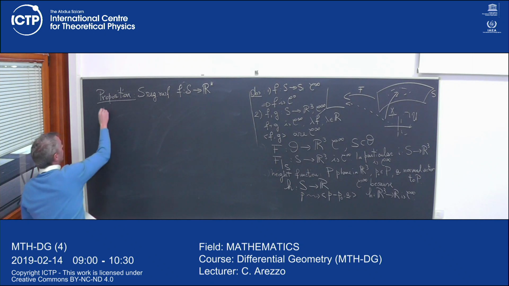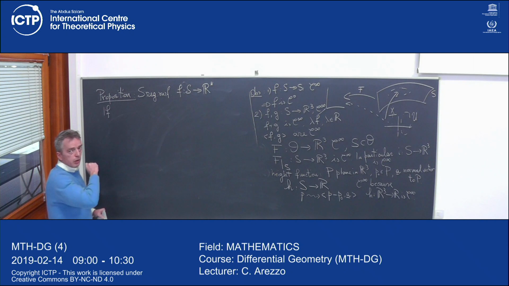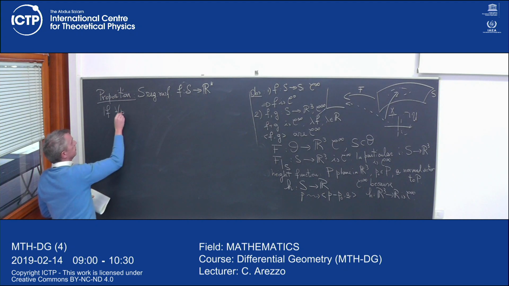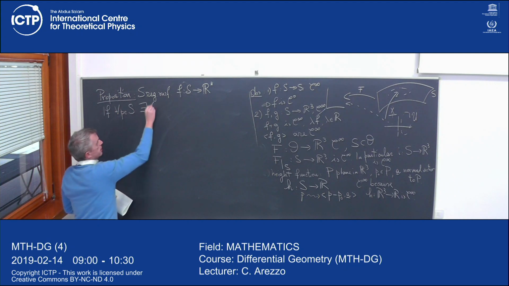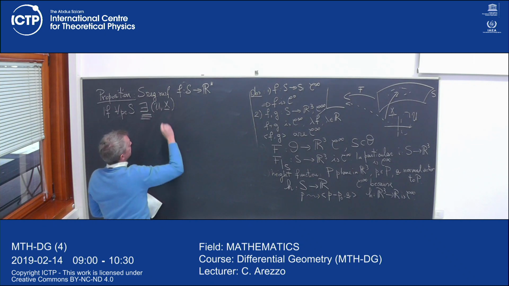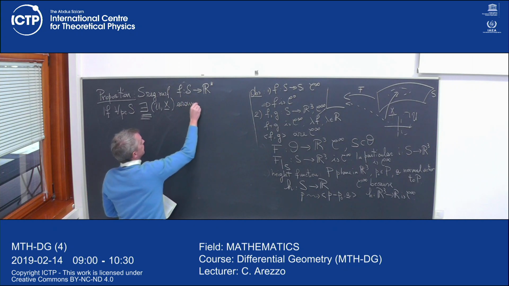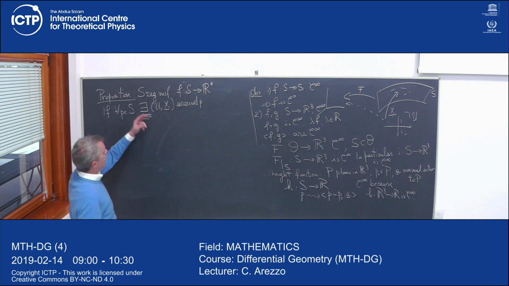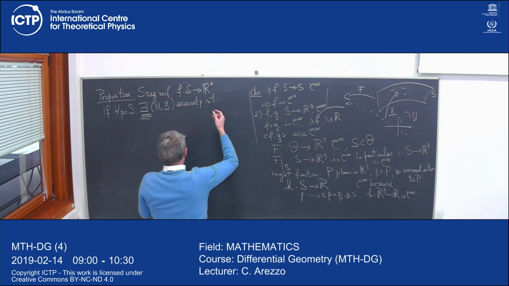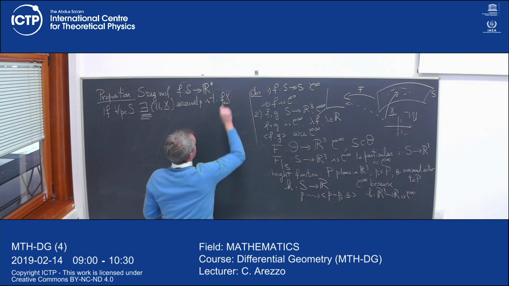Now, if, notice the difference, now what I'm going to write is, if around P there exists a chart, around P means that P lies in X of U. Okay, so this is a chart covering P, such that F composed X now goes from where to where?